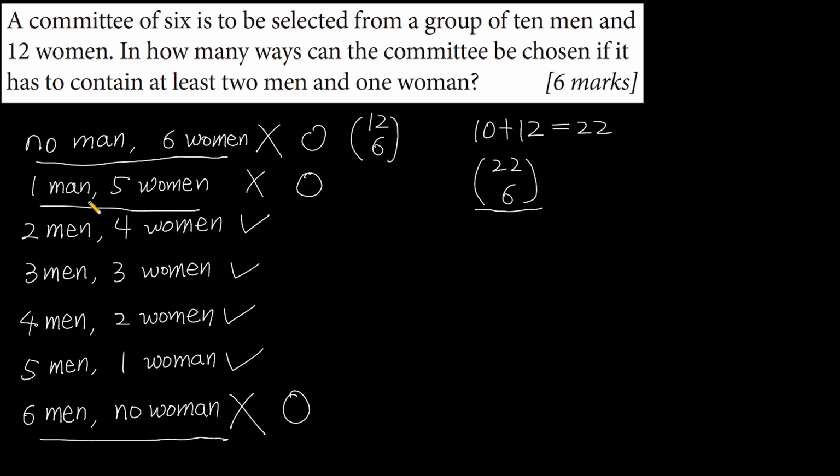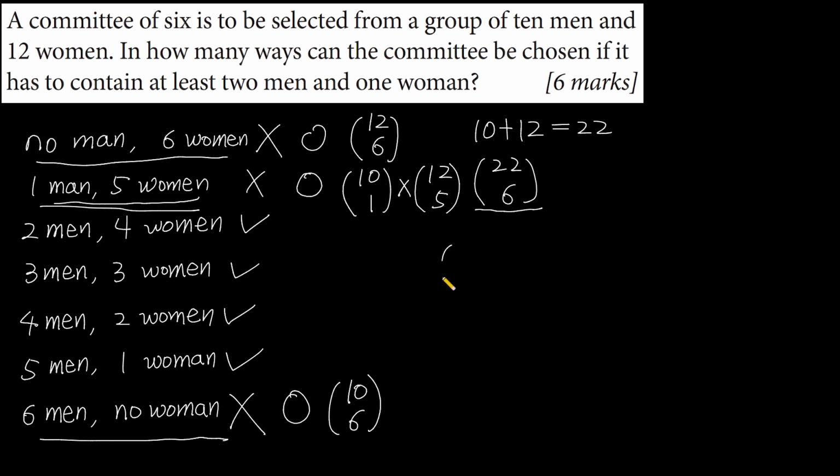For the second case, it is from 10 men to choose 1 man, and from 12 women to choose 5 women. For the last case, it is from 10 men to choose 6 men.